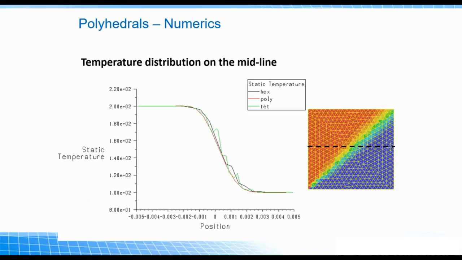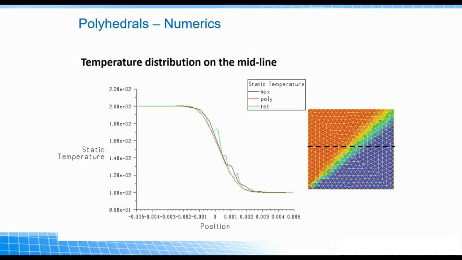But as far as the accuracy goes, to get an idea of that, we can take a line right through the center of this cross-section and sample the solution at those points along that line. Looking at the graph, the green line is the tet elements' solution across that line. As you can see, the solution jumps up and down, which of course is not what you want and would not reflect reality.